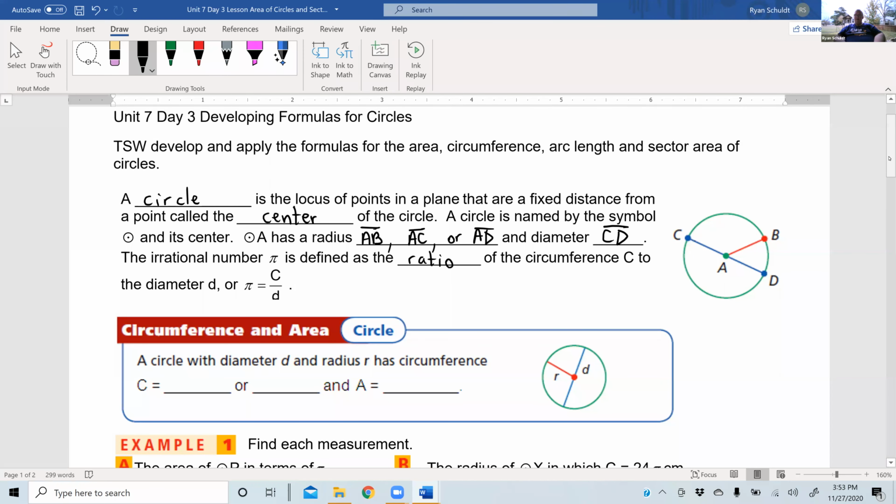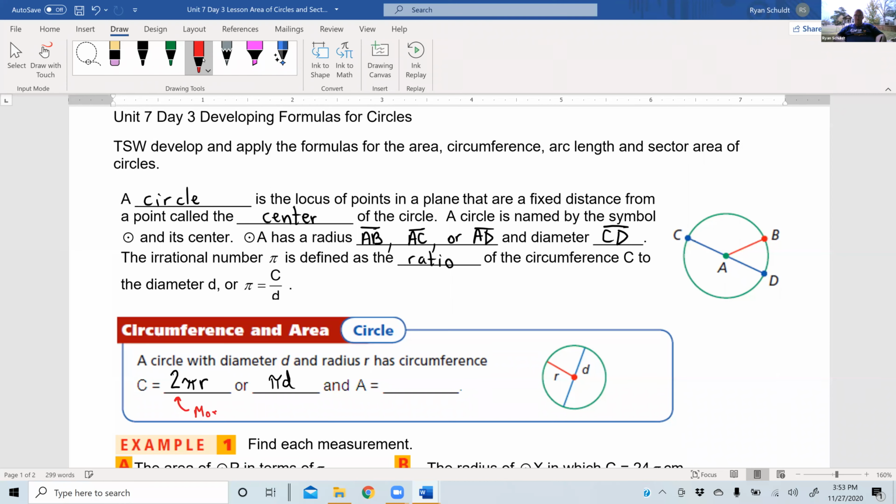So let's look at the formulas for circumference and area of a circle. Now the circumference is like the perimeter of the circle. So you can say that circumference is 2 pi r or pi d. The most commonly used one is this 2 pi r.